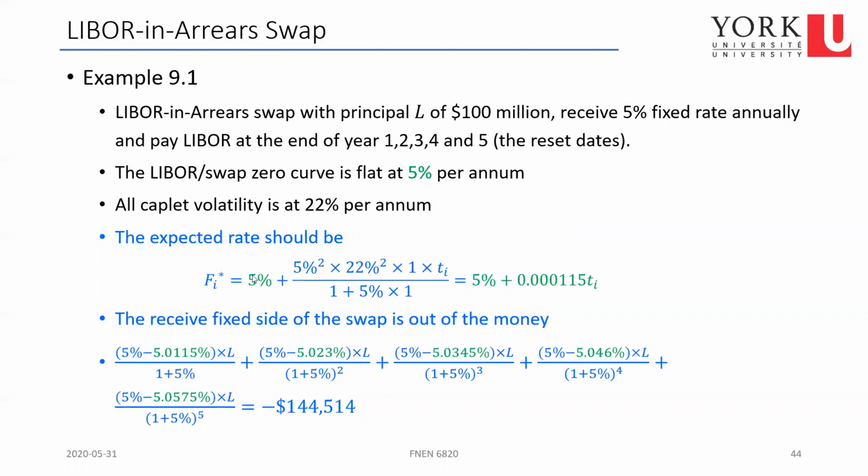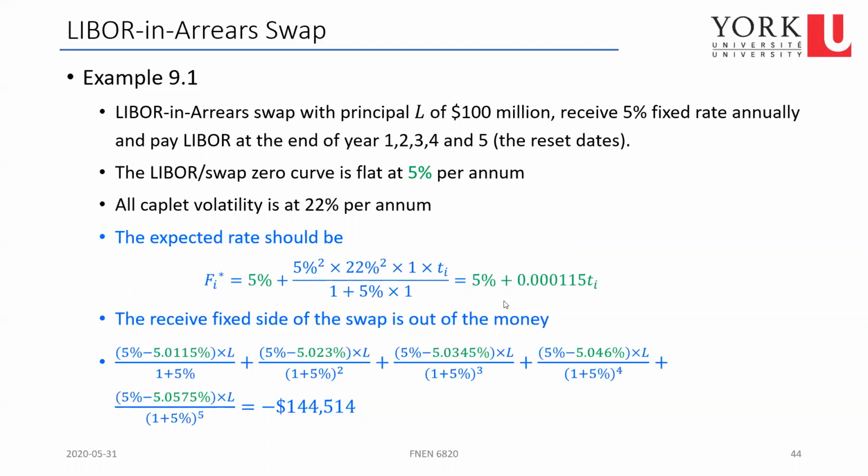There could be a different value for each i, and then you wouldn't get a single expression here. You will get a different one times some factor Ti for each of the i's. But for simplicity, we just use a flat rate here, and so for each of the Fi, it's all 5%.